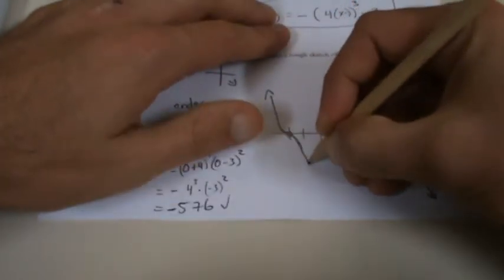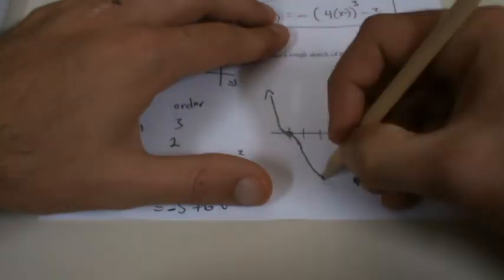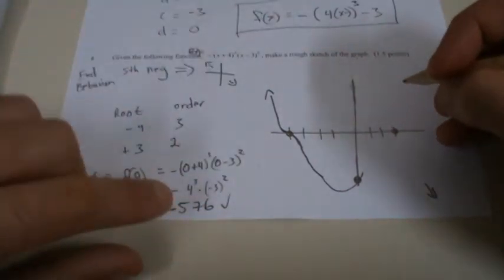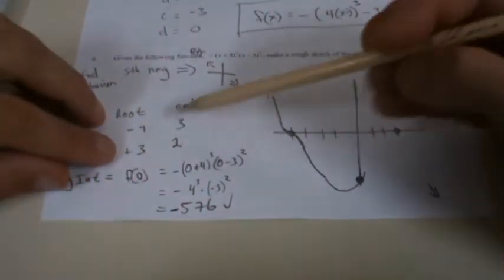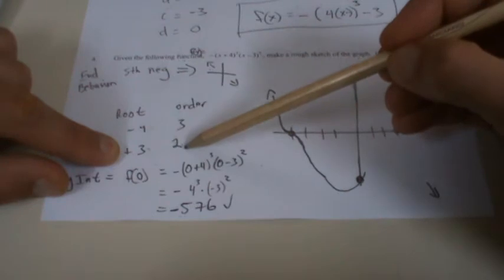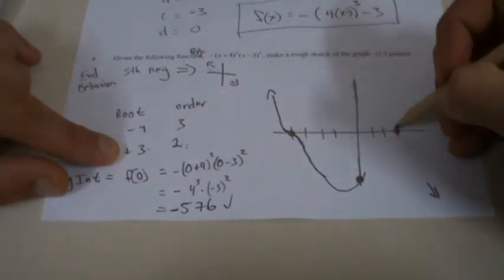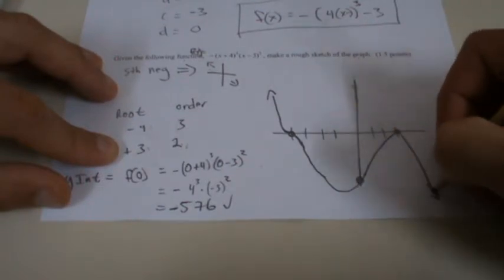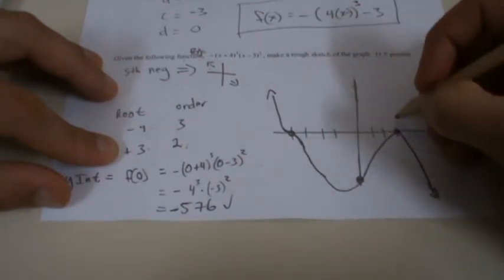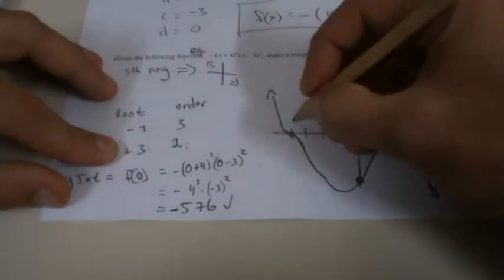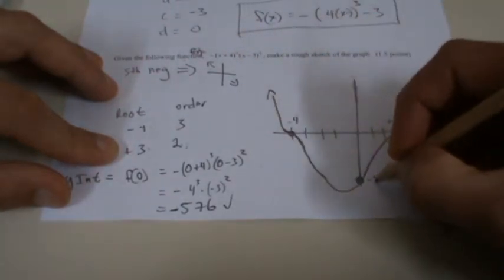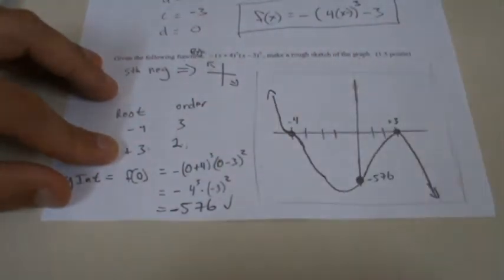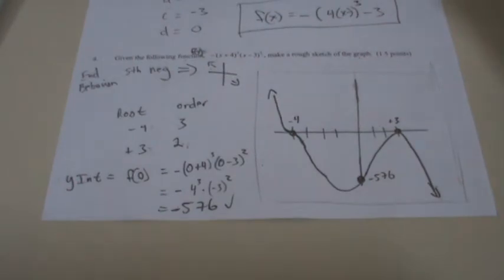And so now I'm going to go down here and hit some sort of maximum value and go through there. Then, since this positive 3 is second order, I'm going to just touch that and then go down. And this is 3, this is negative 4, and negative 576. This is basically all we're really looking for. Alright?